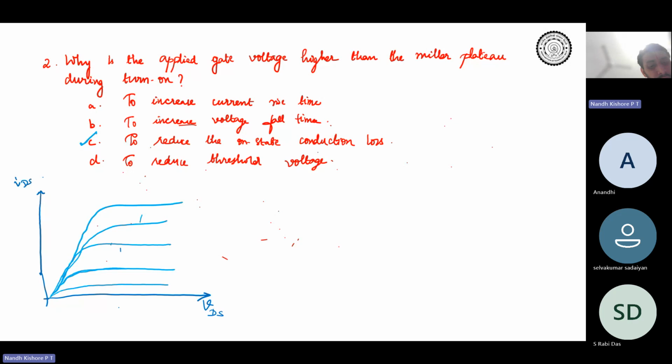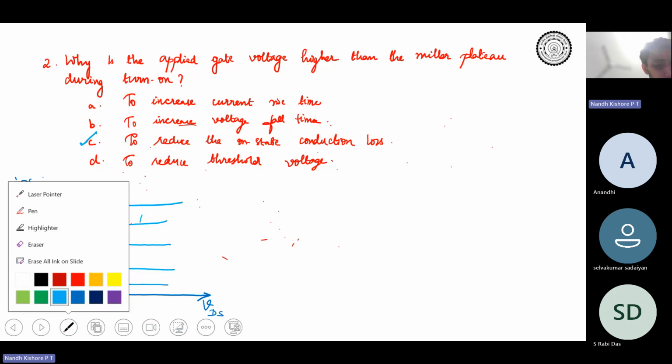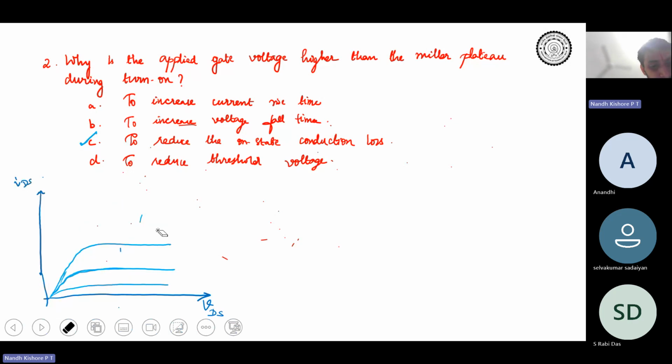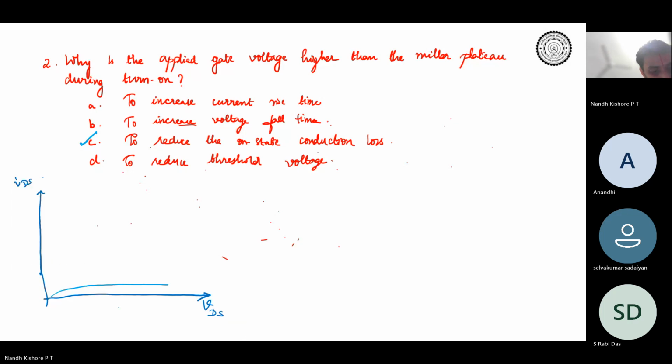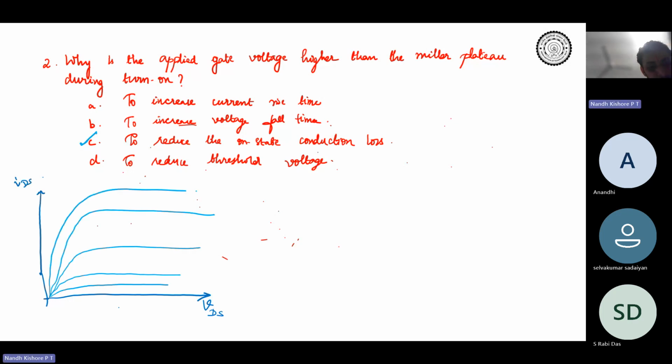This is not exactly according to scale, but let me redraw it properly. I think you get the idea.